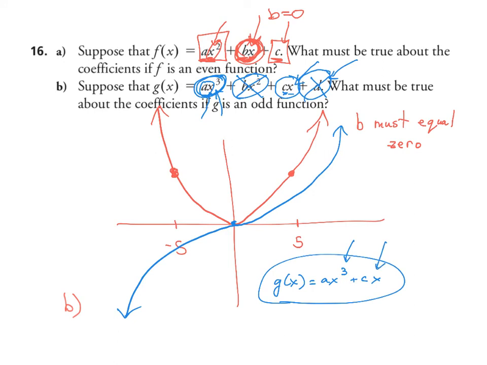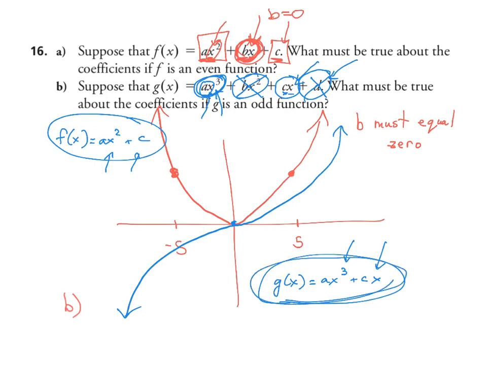So just like number 1, you have to have f of x equals ax squared plus c. Not allowed any odd degrees for it to be an even function. Here you're not allowed any even degrees to make it an odd function. So what can we say about a, b, c, and d, the coefficients? B has to equal 0 and d has to equal 0.